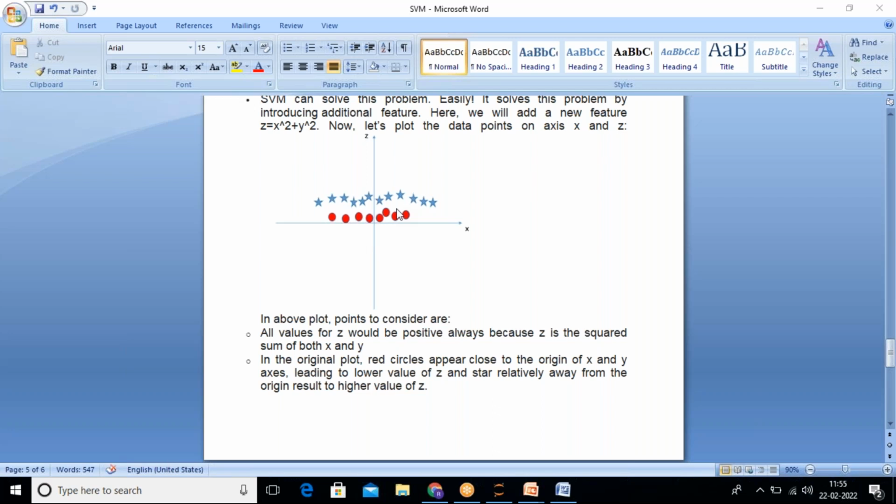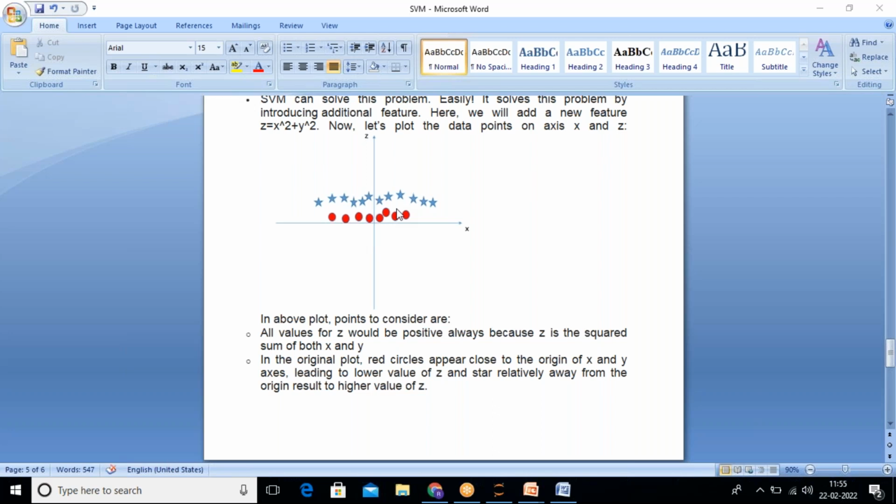Yes, sir. Okay, so lots of SVM kernels are there. Getting the point? So what are those SVM kernels? The examples I have written over here.